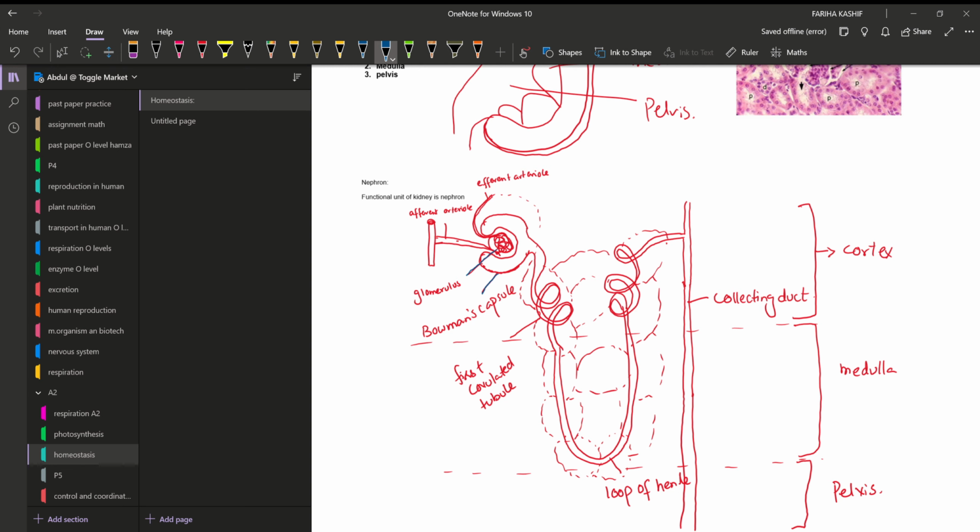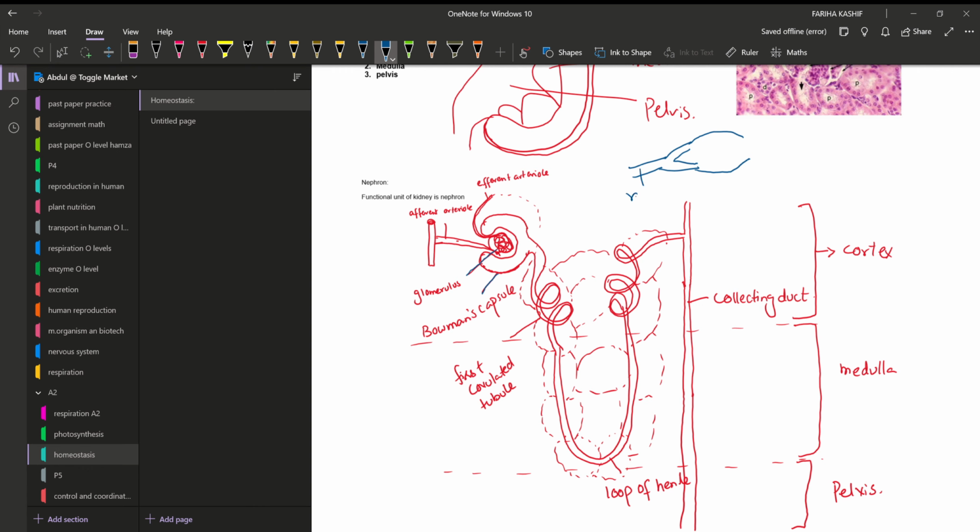And we know that the capillaries are formed by the breakdown of the arteries. The artery will break down into arterioles and then arterioles will break down into capillaries. We know that, right?